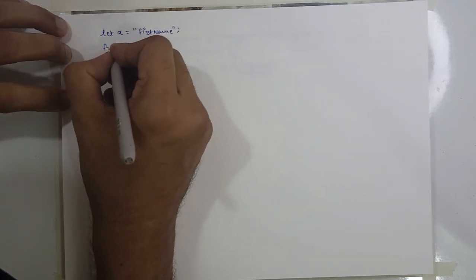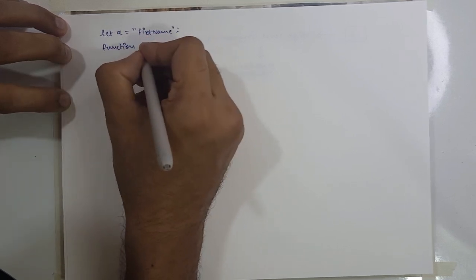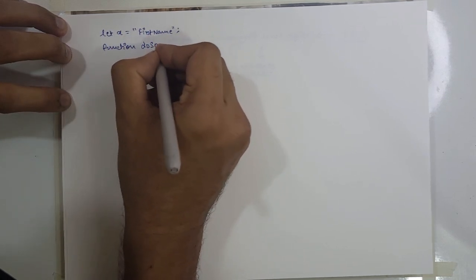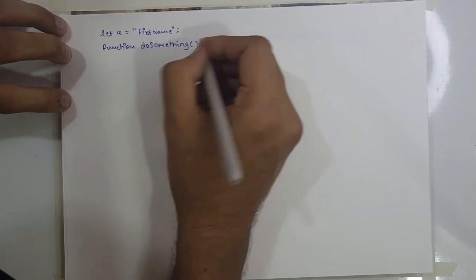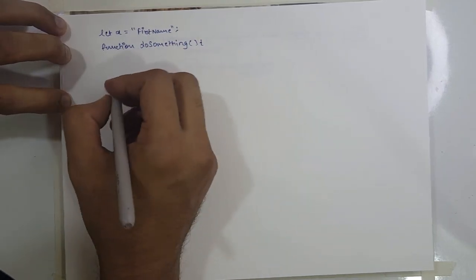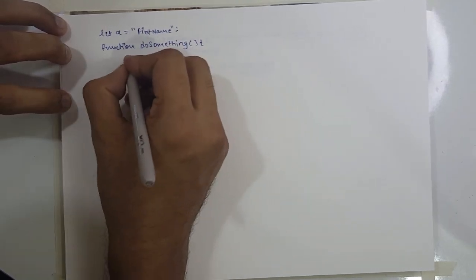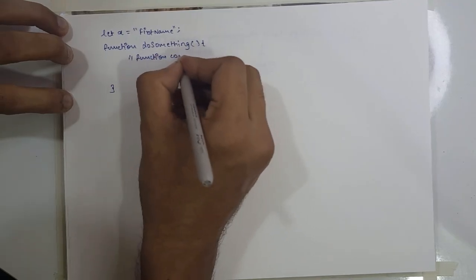Then we may have some function. We specify function, suppose name of the function, do something, accept some parameters, and curly braces define the function code.